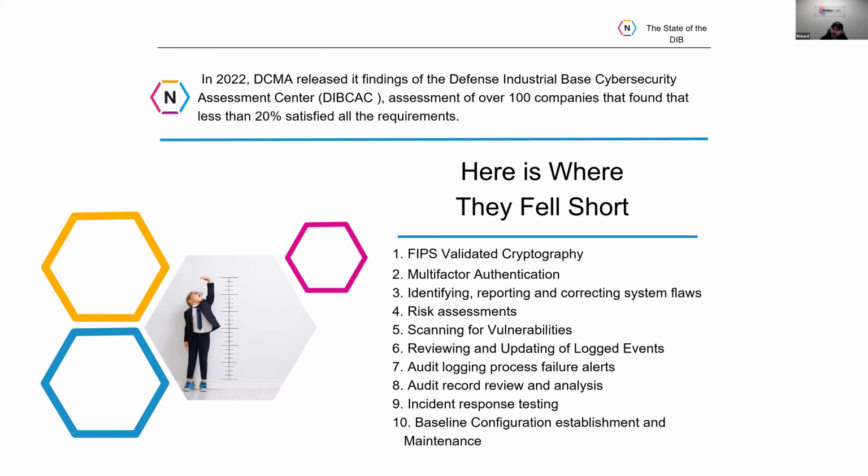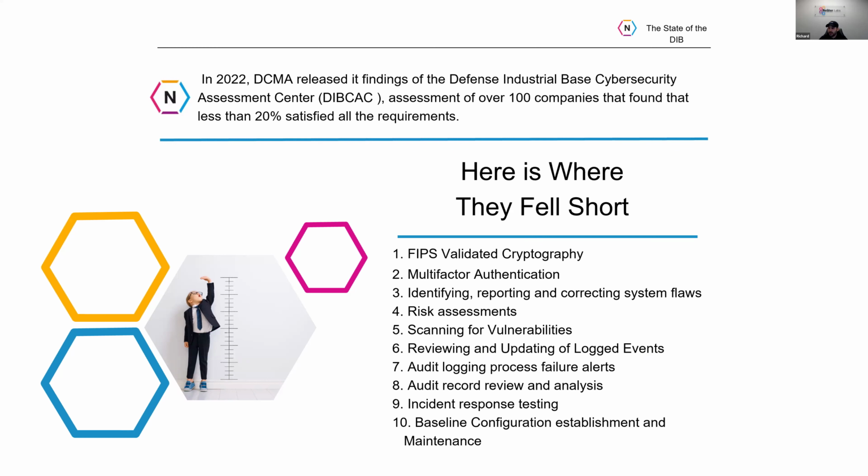Identifying, reporting, and correcting system flaws. This goes back to the vulnerability scanning, people not understanding where system flaws are and then fixing them. Not having a risk assessment, not analyzing their risk, not understanding their risk, not scanning for those vulnerabilities like we had mentioned, not reviewing and updating those log events that need to be collected in the SIEM tool, because probably they don't have a SIEM tool.